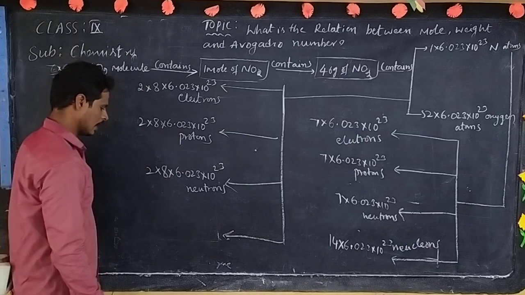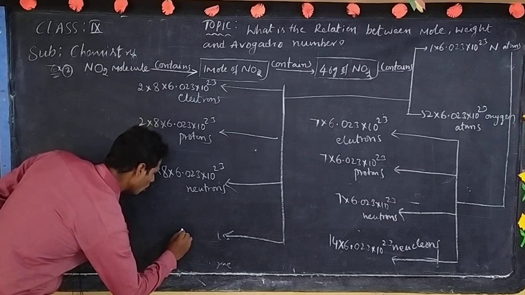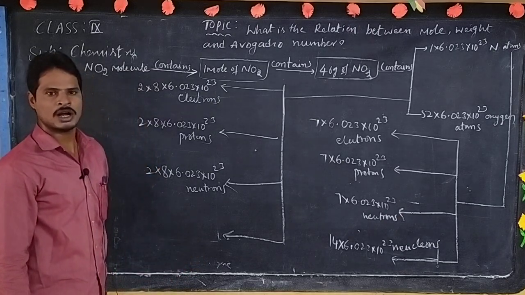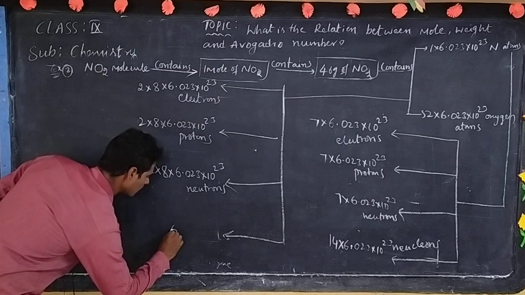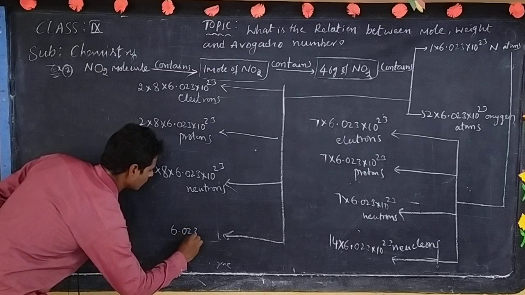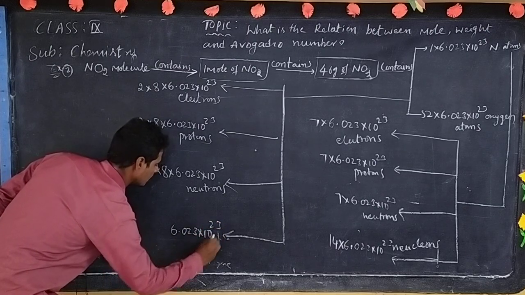Next, nucleons. What is the meaning of nucleons? Sum of protons and neutrons. Now, one nucleon contains 6.023 into 10 to the power 23 nucleons.